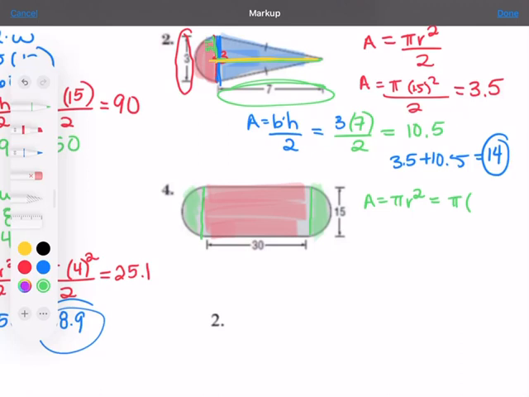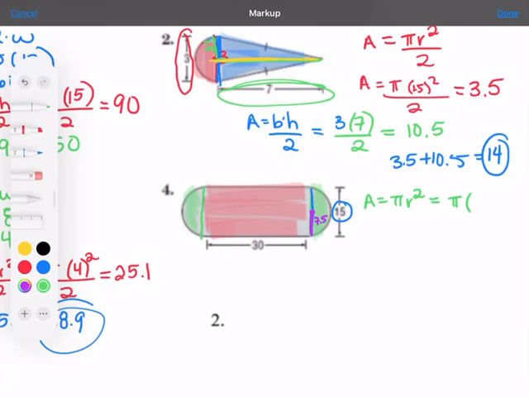Now we know that this is 15, right? This line here is 15, our diameter, by looking at that number, which means that our radius, half of that, is going to be 7.5, right?